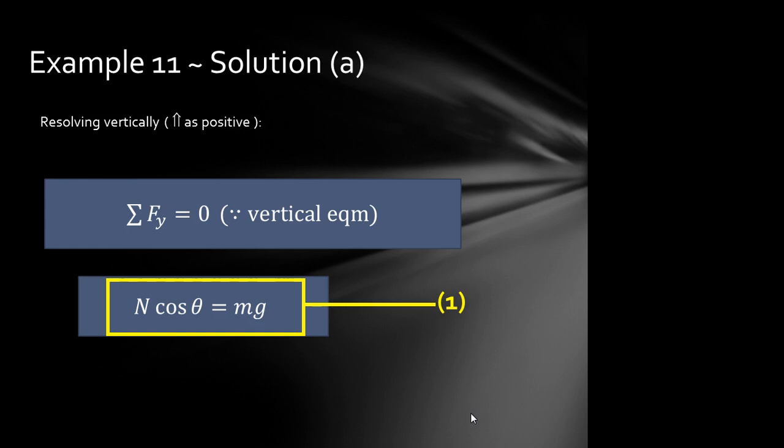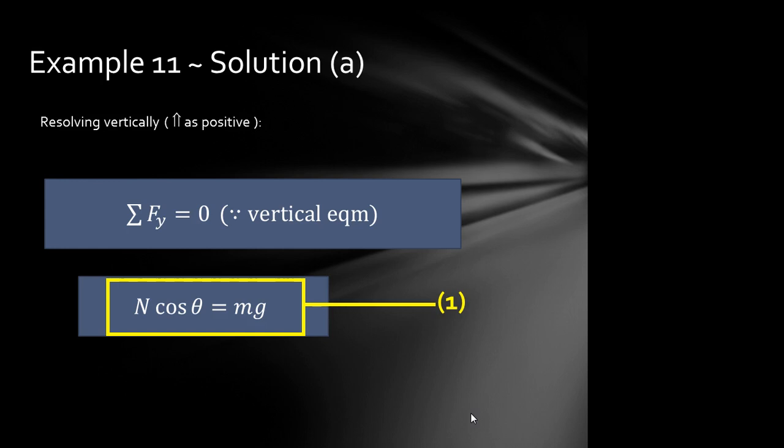Don't need to rush to copy, just understand first. You can always print out the lecture notes later on your own time. You have all the examples, I mean the lecture slides. That's the first equation that you can form, from resolving forces vertically as they are in equilibrium.